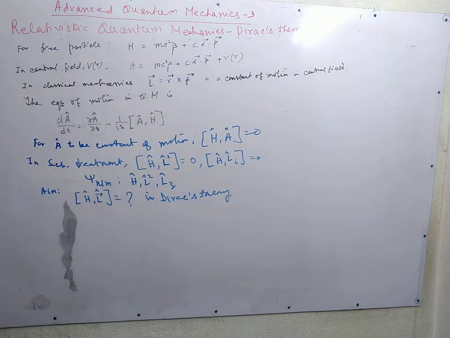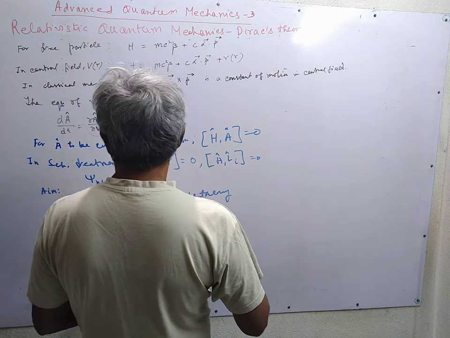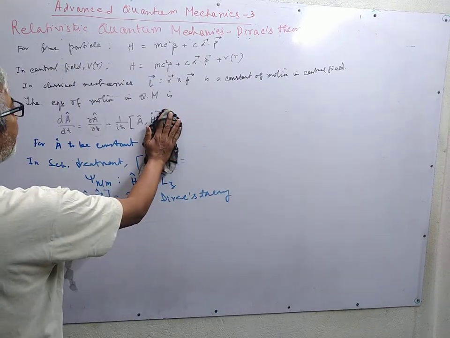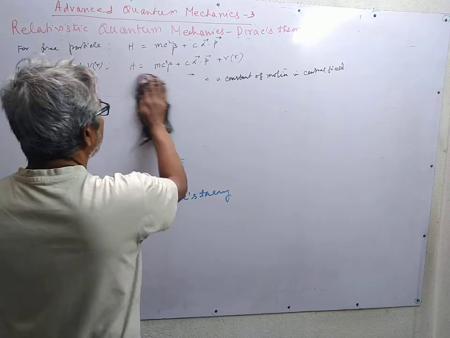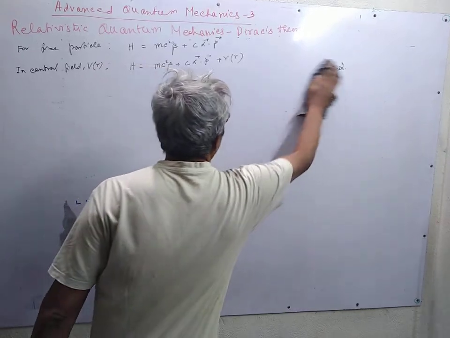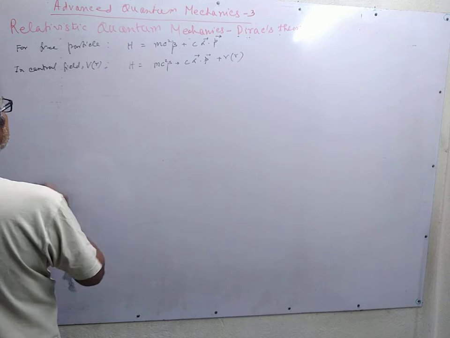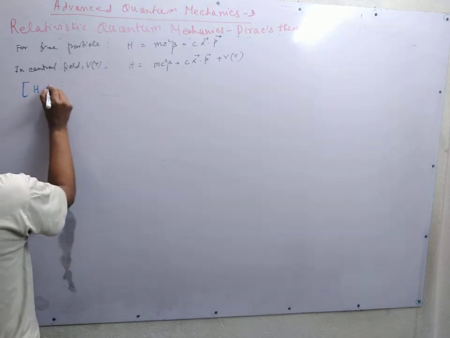So we start evaluating the matrix element. We consider the commutator of H with one of the components of L, say for example Lx.